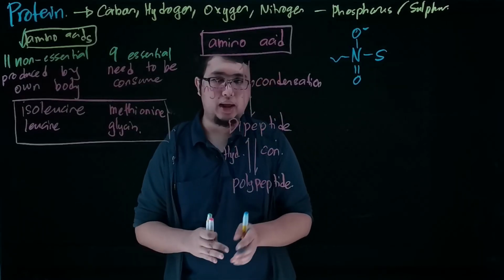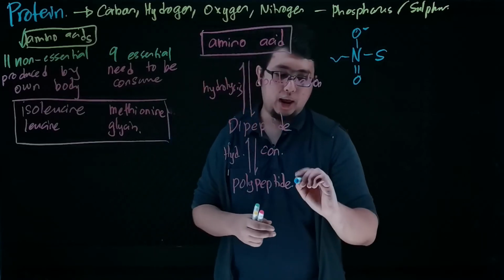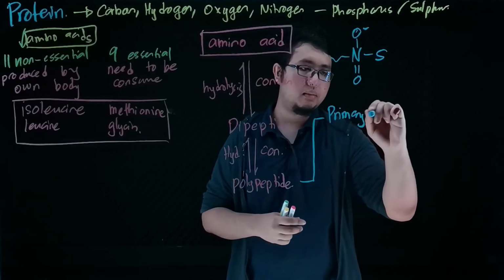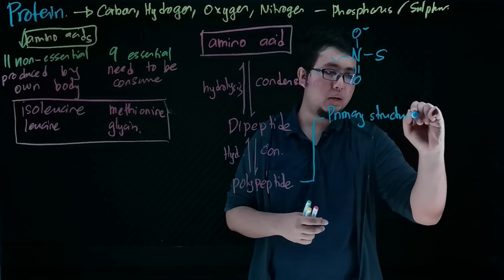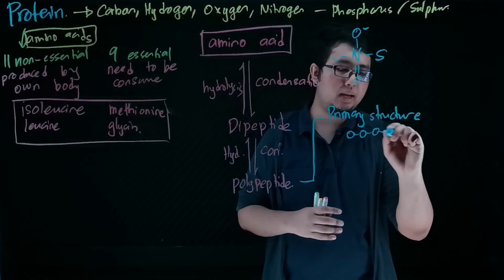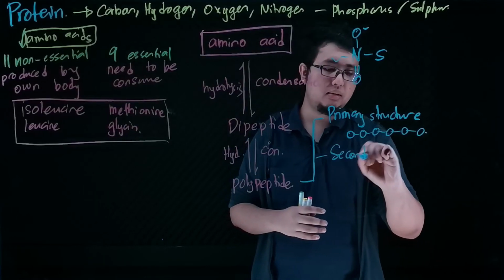So for polypeptide, since it's a functional protein, it has four main structures. We have primary structure, where the primary structure of polypeptide is just a long chain of polypeptide. And then we have our secondary structure.